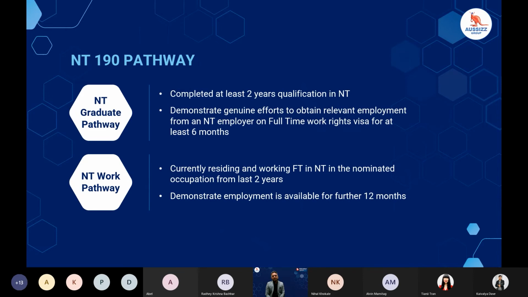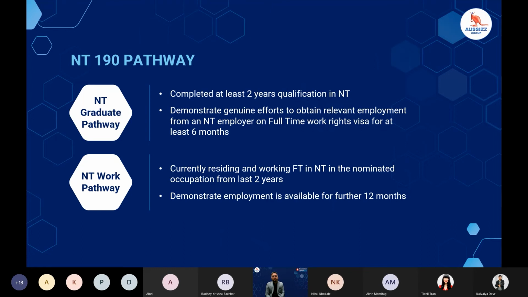If you complete 2 years of study for the 190, your qualification must be completed from an NT institution, so a Northern Territory based qualification. You need to demonstrate that you have full-time work rights right now, and you have genuinely put in efforts to find relevant employment in your nominated occupation, or show that you have already been working for 6 months full time in your nominated occupation or any other occupation as well.